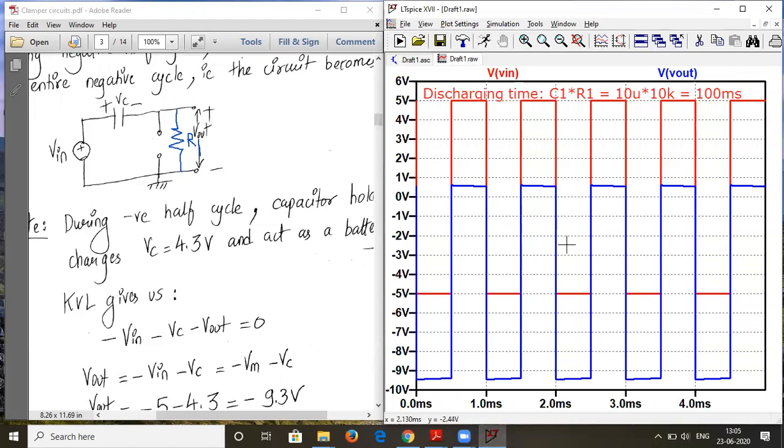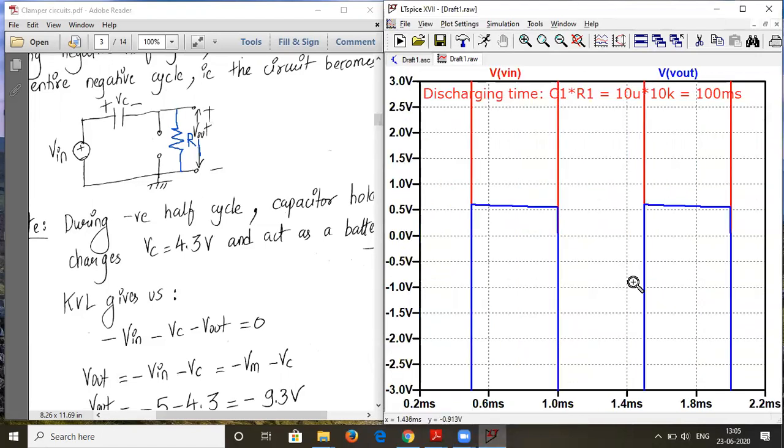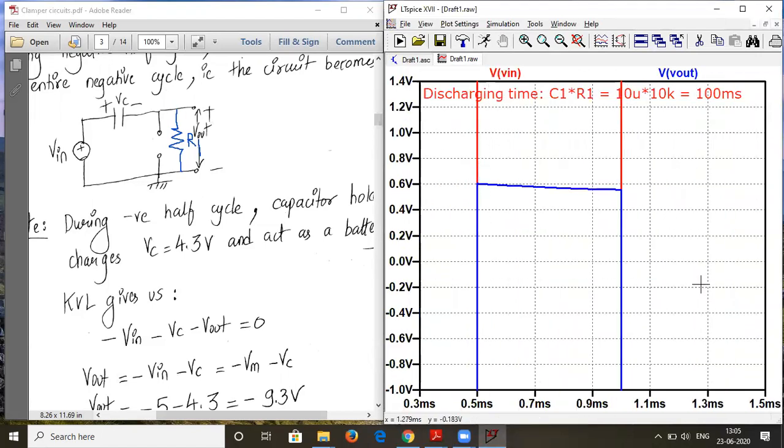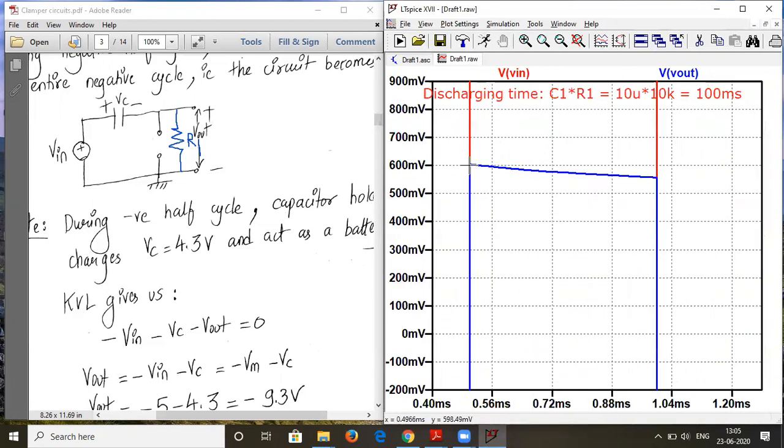I don't know whether you have noticed that or not. The capacitor is already discharging, but very slowly according to this rate. After around 100 milliseconds, this charge, which is around 600 millivolts, will go to zero. So that is the meaning of this discharging time constant, given by R into C, which is around 100 milliseconds.